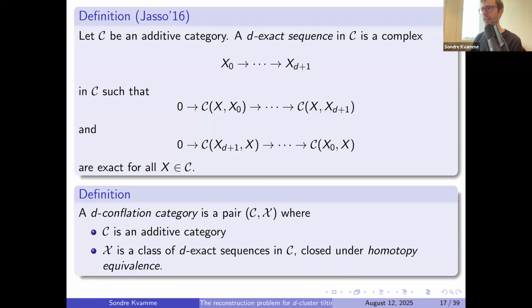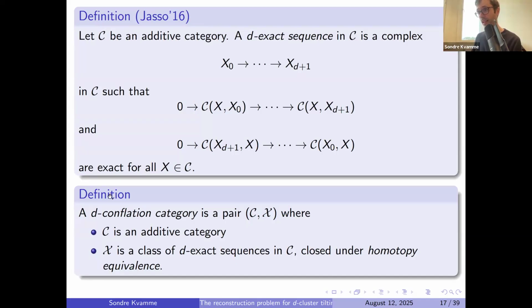Note that I don't think the notion of deconflation category exists in the literature, and I'm also not advocating that one should study deconflation categories in general. For my purpose, it helps to introduce them before introducing the exact categories. But what I'm really interested in is the exact categories, not deconflation categories.